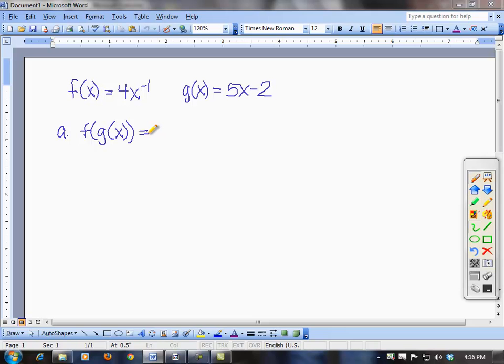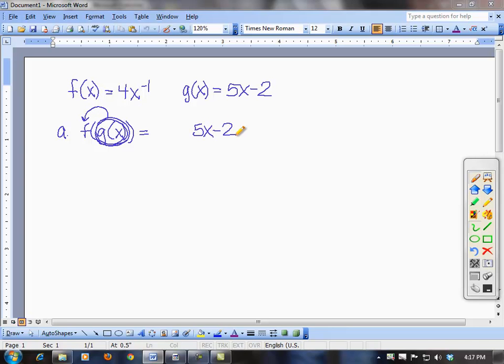All right, here we go. Like we did before, we took whatever our answer was for g of x, and we plugged it into f. The only difference here is now we have to take an entire equation and plug it into another equation. So I'm going to take my g, and I'm going to write it here a second, as 5x minus 2.